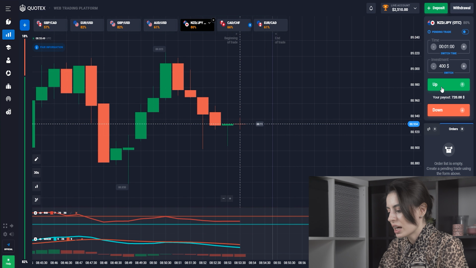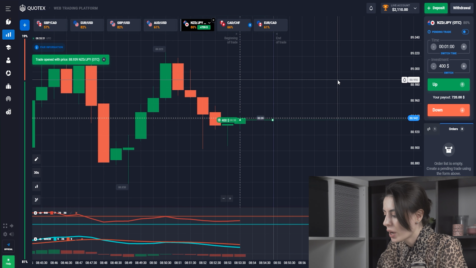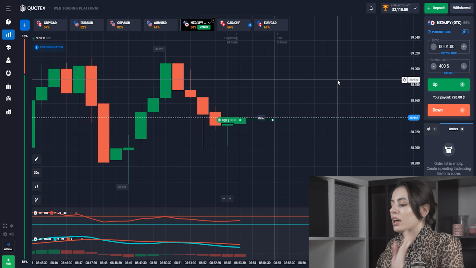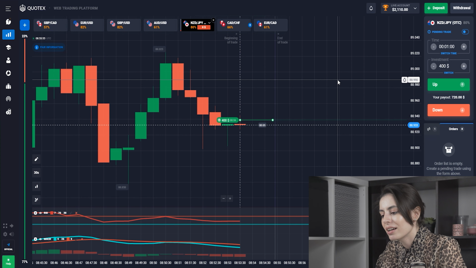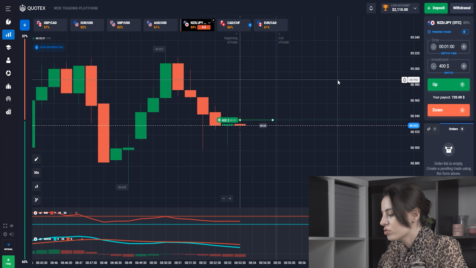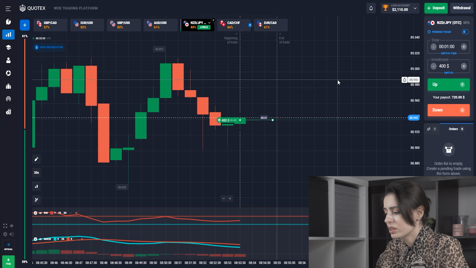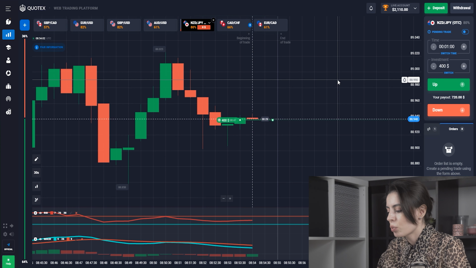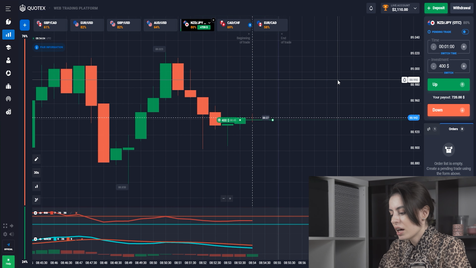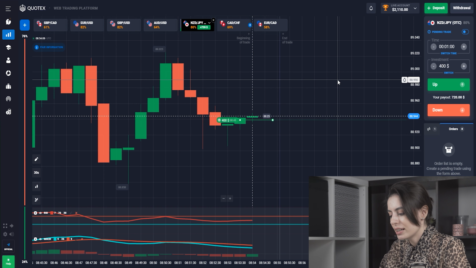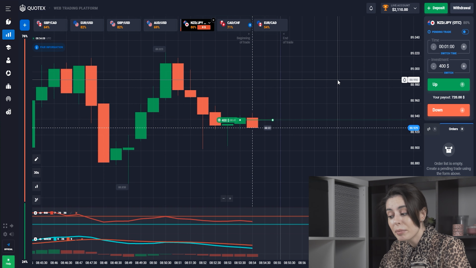So let's make it the last one, because it seems to me it's quite an easy, quite nice strategy, and you may use it, you may try to play with it with different periods and levels. So what we have here, look at that. We have MACD looking downward, but quite flat.